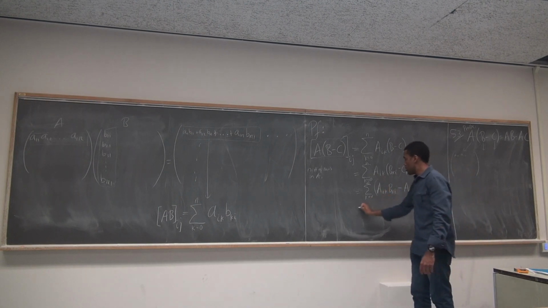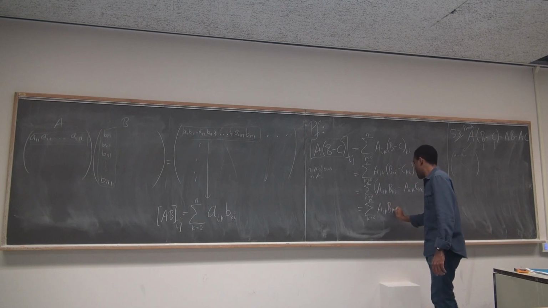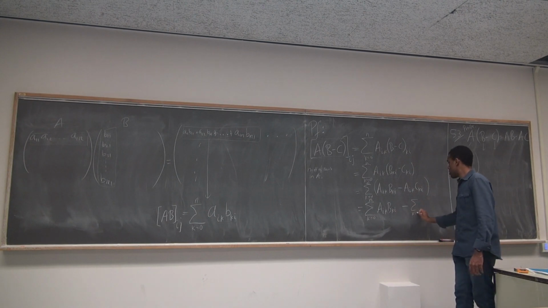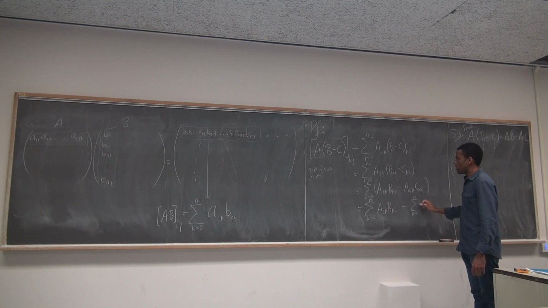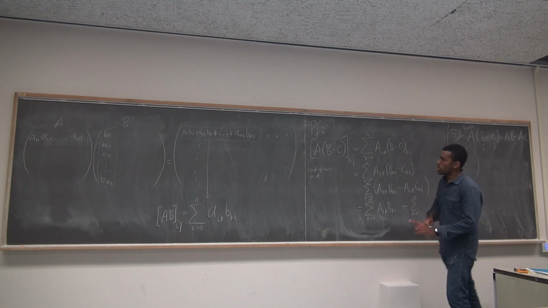Remember from Calc 3, summations actually distribute across sums. So this is the sum of a_ik b_kj minus the summation, they have to be j, I guess, of a_ik c_kj.